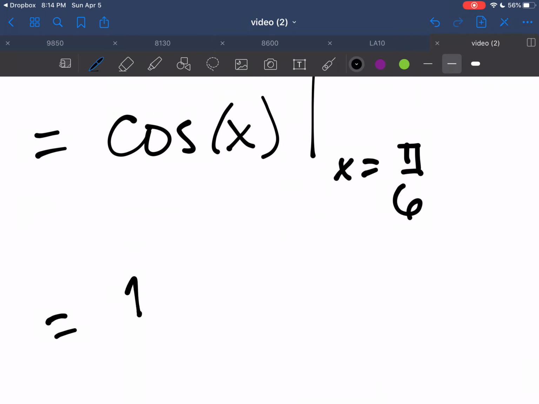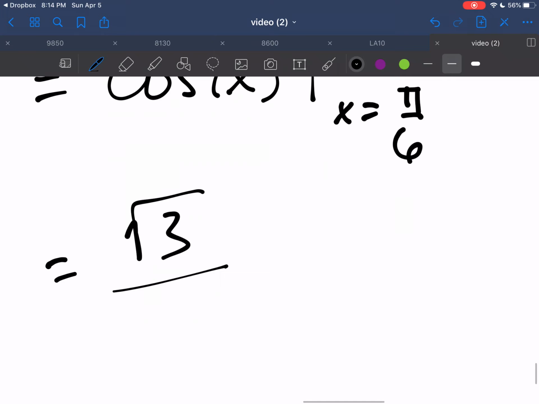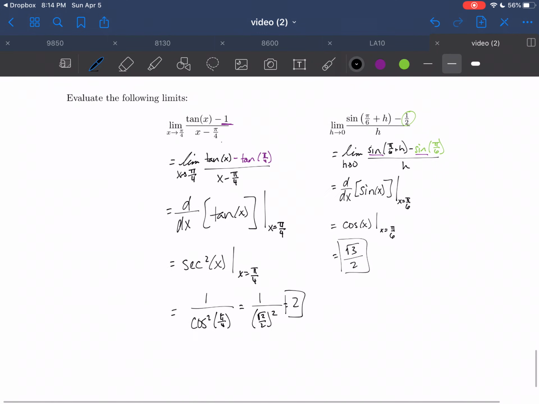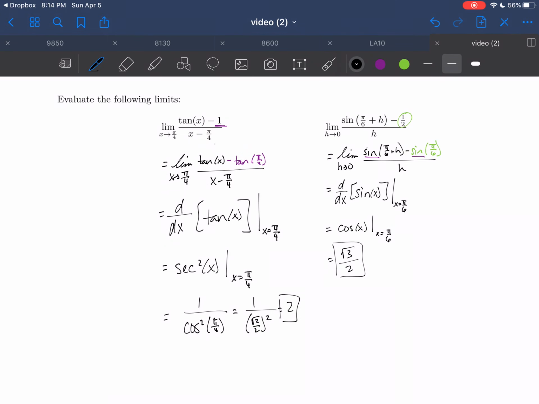Okay, which we know from our unit circle is root 3 over 2. Okay, so instead of being given the function and saying, use the limit definition to find your derivative, they're giving you the limit definition, and you have to recognize what the function is and then calculate the derivative to find your limit. Okay, so it's moving backwards, but still the same thing.